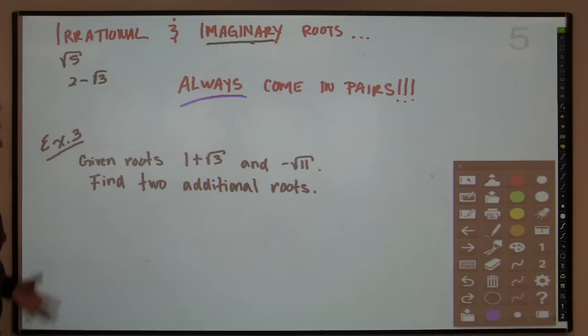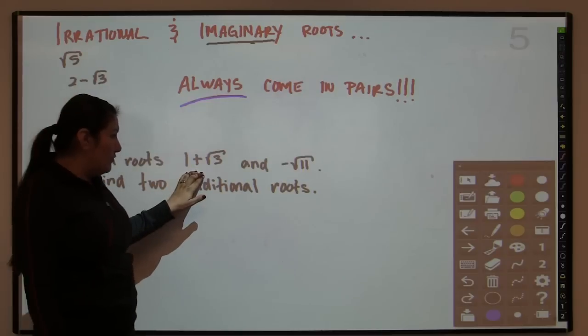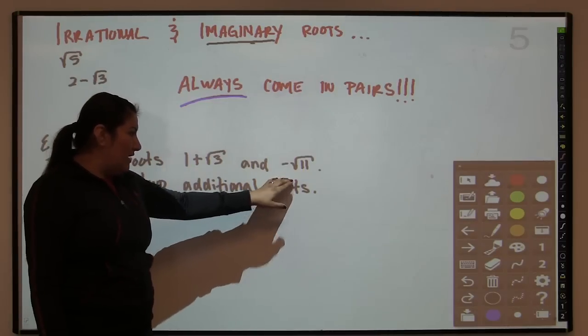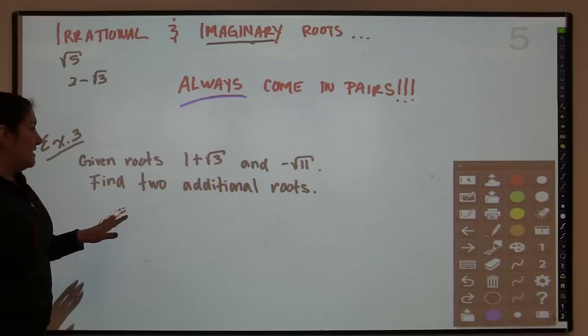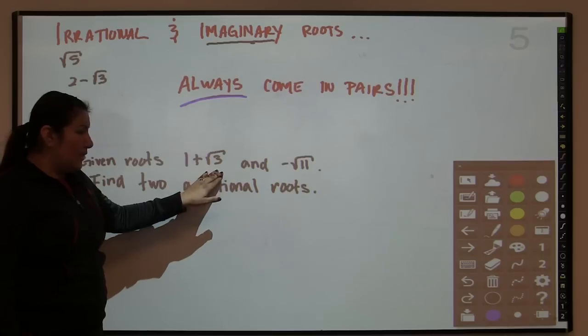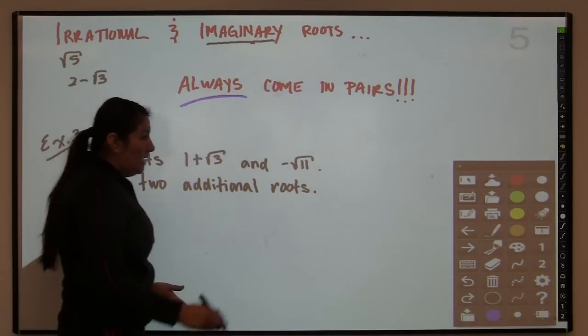Okay? So, for example, if you have a polynomial that has given roots 1 plus root 3 and negative root 11, it's asking you to find 2 additional roots. This is very simple, because since 1 plus root 3 is a 0, then its conjugate pair must also be a 0.